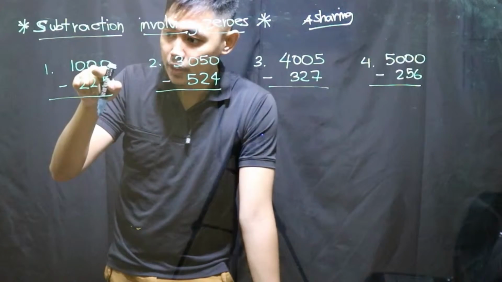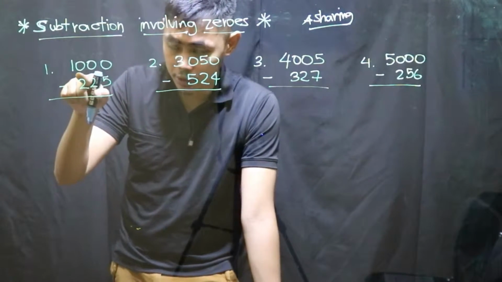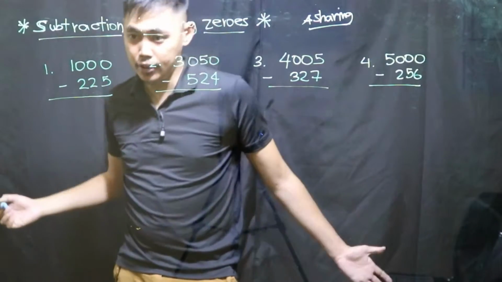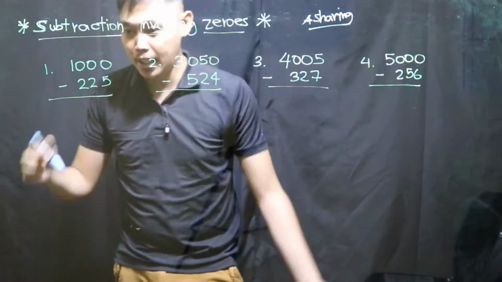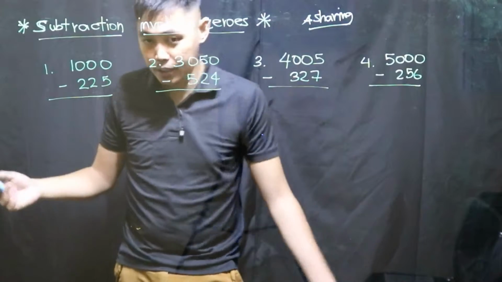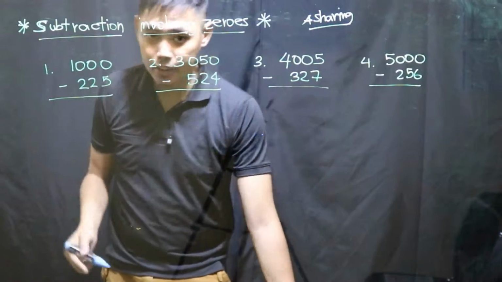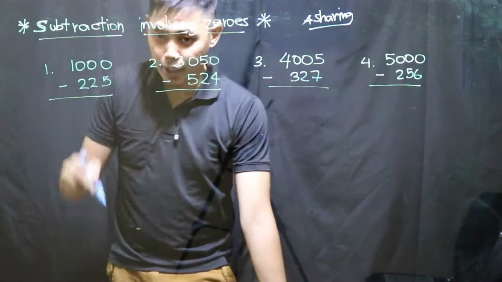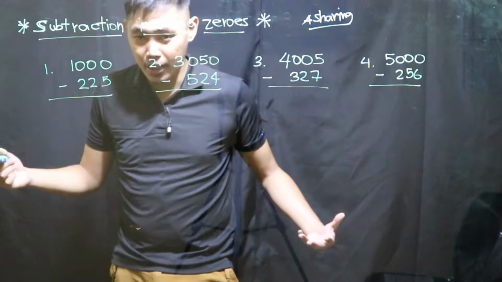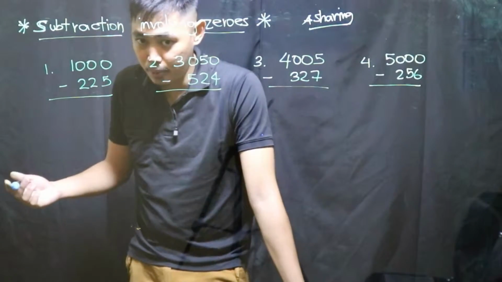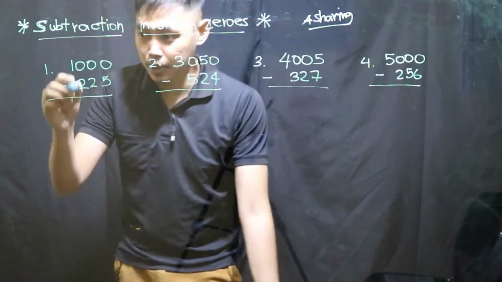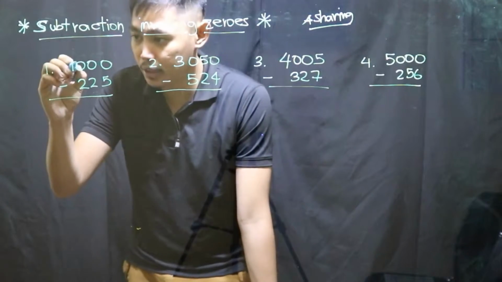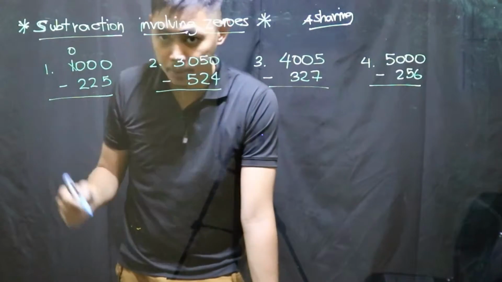So this number will continue to ask, and the third number will say, I don't have anything to give you because I'm 0. So this 0 will ask the next number, and then the 1 will say, I'm 1, so I can maybe give you something. So 1 will say, okay, I will sacrifice myself, and 1 will become 0.